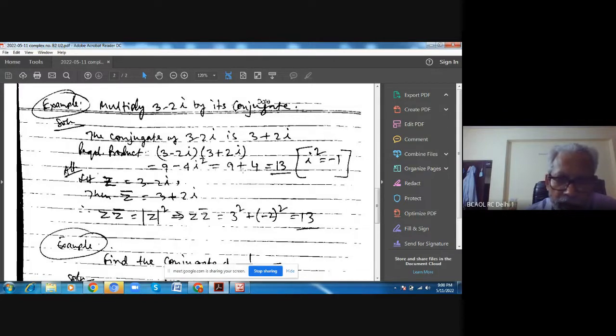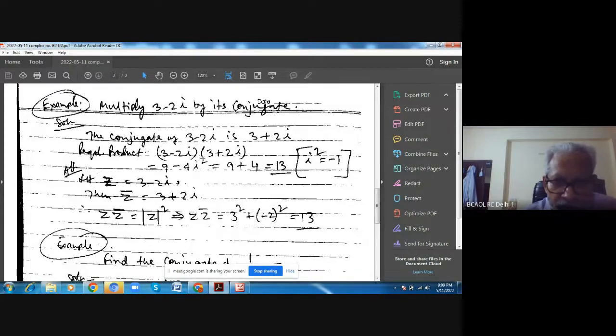So now multiply it, so ultimately 13. Here you see both the iotas are there, so iota square. Iota square is minus 1, and the minus is already there, so it is a plus. So 9 plus 4. I hope you got it now.